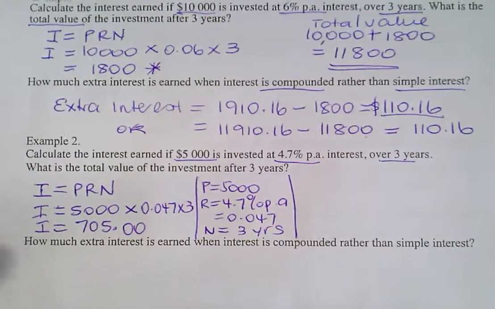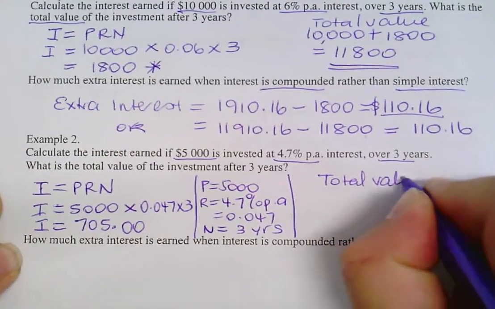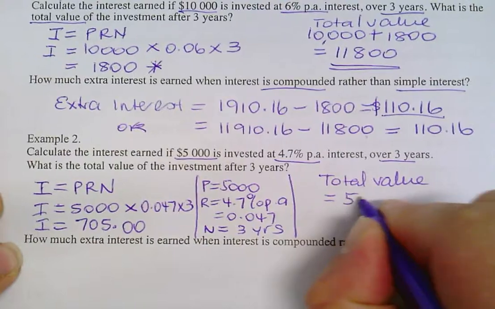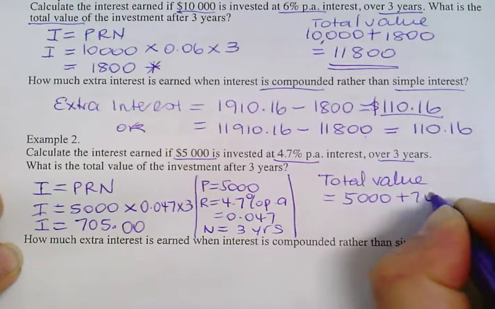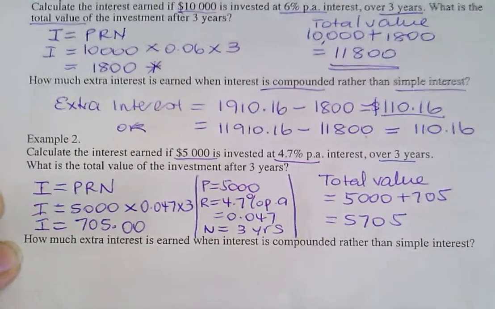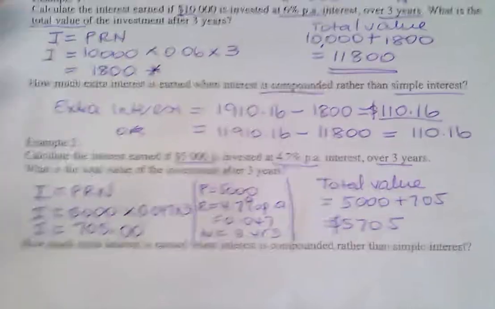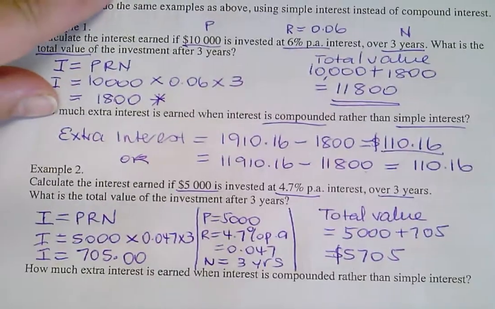Now, let's work out the total value of the investment. It's $5,000 plus $705, which is $5,705. So let's look at it when it was done with compound interest.